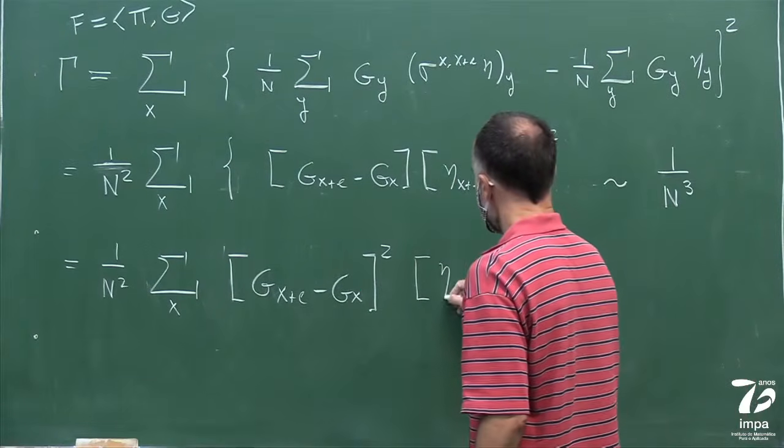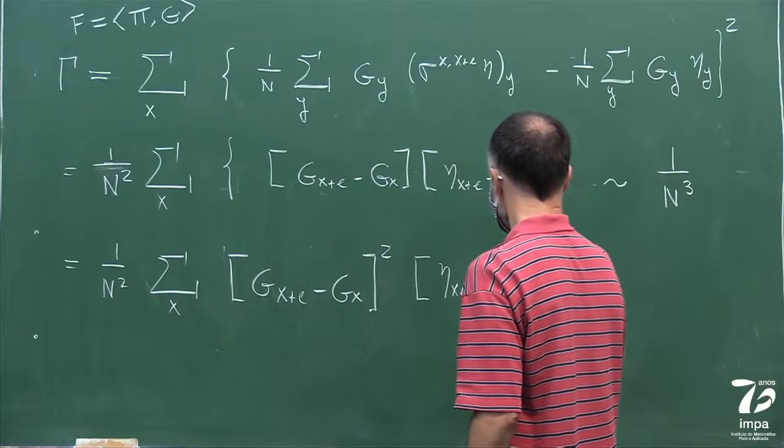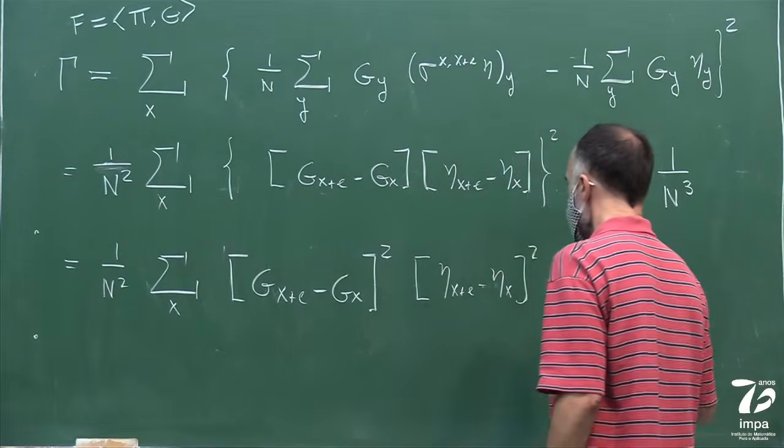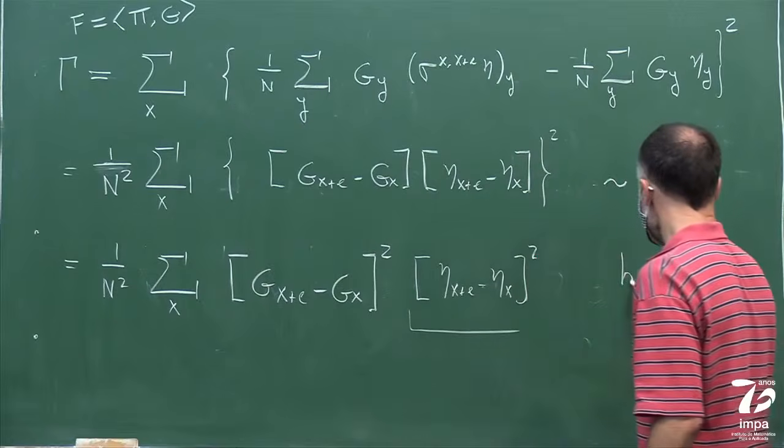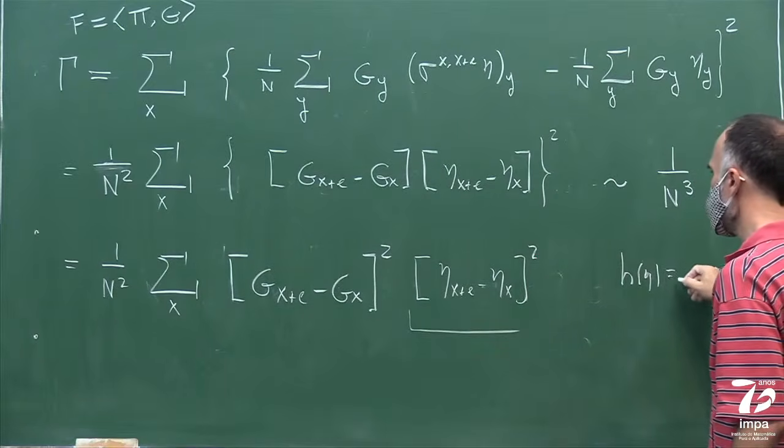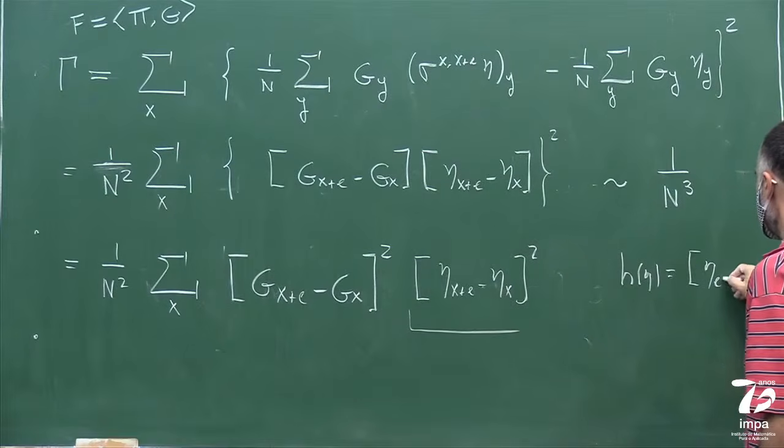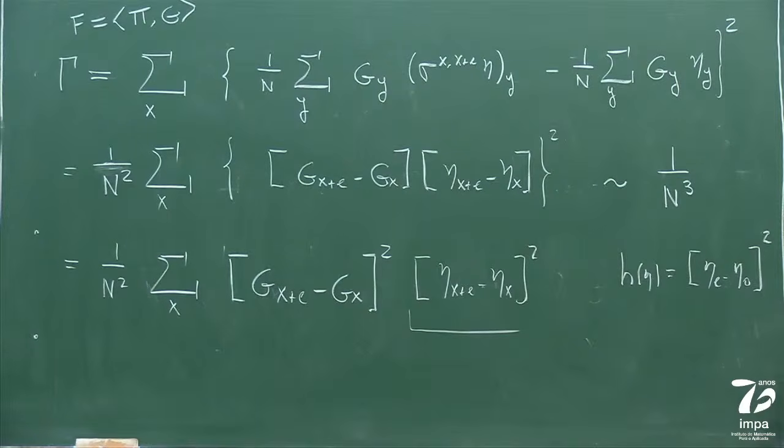Okay, so let me write it. If I call the function h of eta the function eta e minus eta 0, square, this is just a translation of this function. Okay? So let me represent by tau x of eta a configuration which is translated by x. So this configuration at y is the configuration at x plus y.